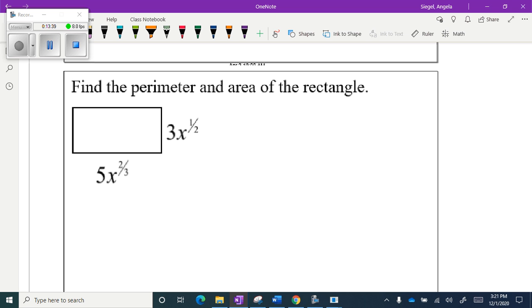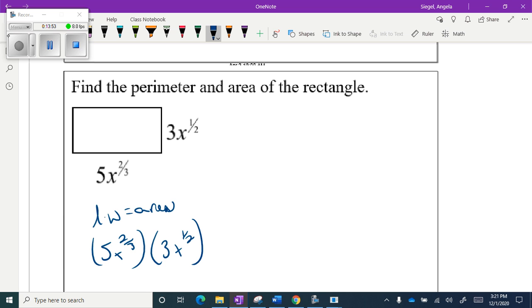So for the area, length times width, we are just going to multiply these together. And so I get 15x to the, remember we're adding these together, so 2/3 plus 1/2, let's see, that is going to be 6 as a common denominator.